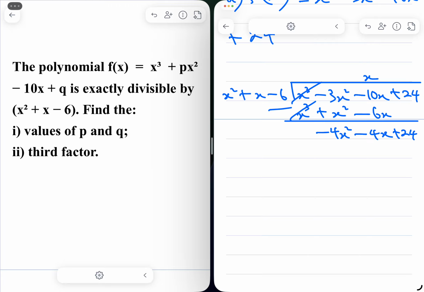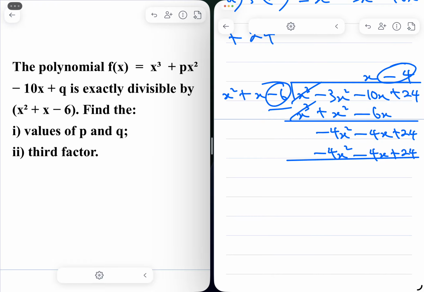Now we go again, minus 4x squared divided by x squared, that's minus 4. Now we multiply x squared times minus 4, that's minus 4x squared. The next one, x times minus 4, that's minus 4x. And the next one, minus 6 times minus 4, that's plus 24.